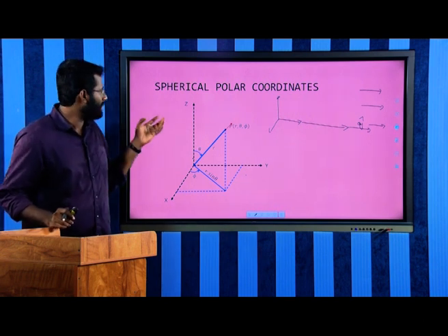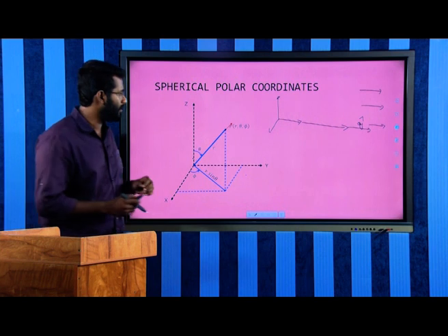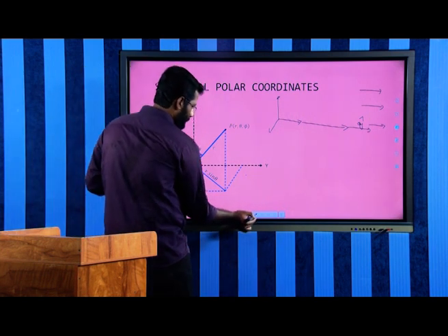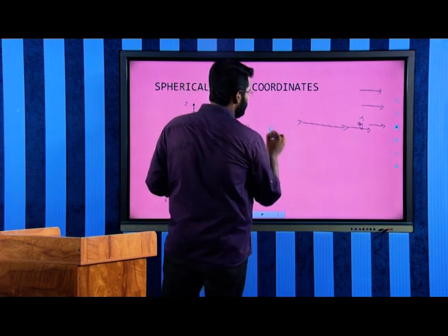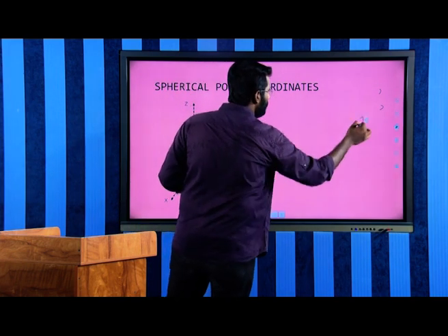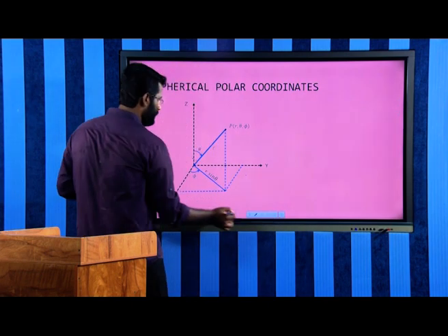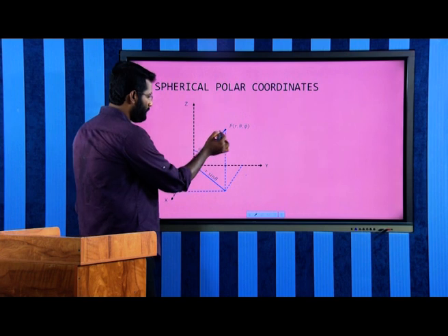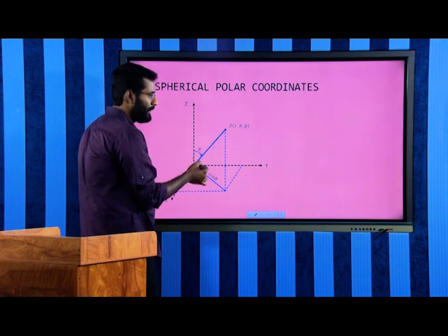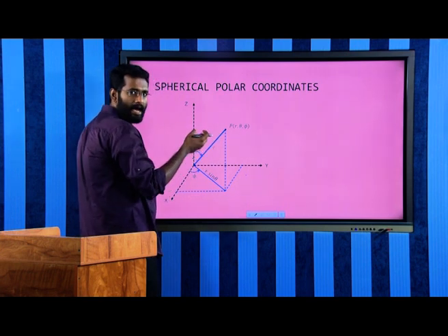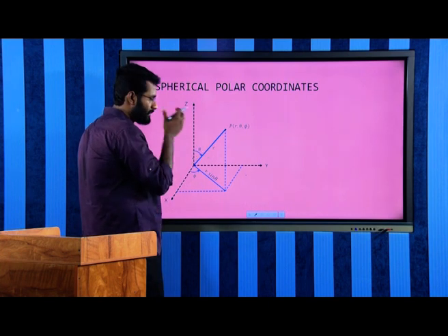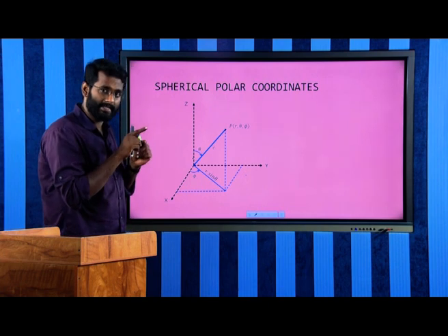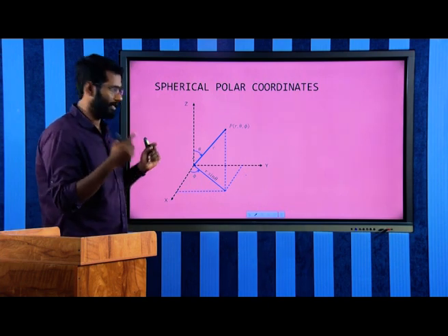But when we come to the spherical coordinate system, let's see what the directions of the unit vectors are. Let's look into our coordinate system again. So this is our r direction. When we increase r by a little extra amount, dr, in which direction will r increase?